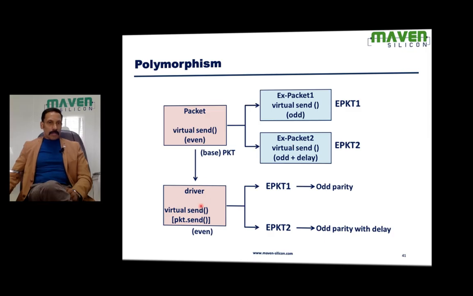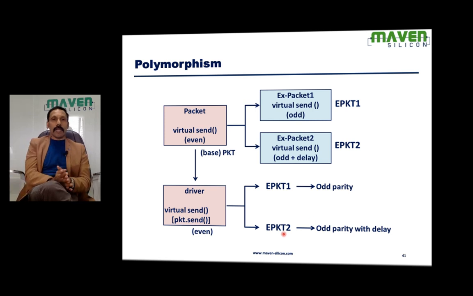While creating the driver, I can think of creating the packet object, and through the packet object, I can call the method. If I am going to use the packet class, then obviously the driver is going to generate even parity. If I am going to use the extended packet object, then it is going to generate odd parity for packet 1 and odd parity with delay for packet 2.